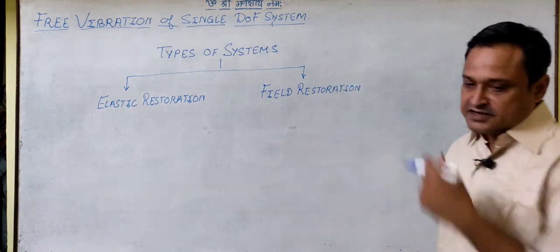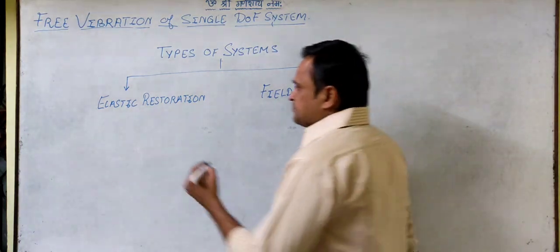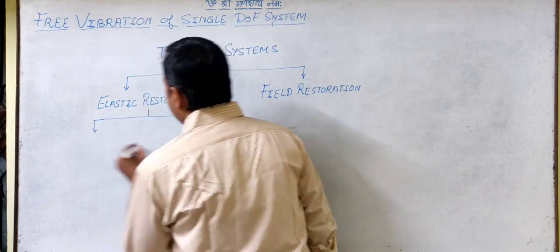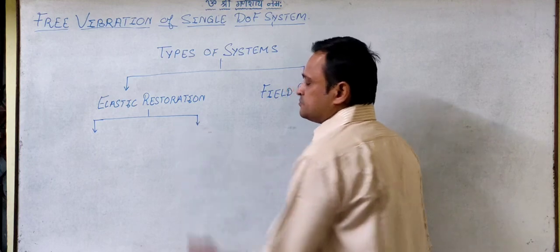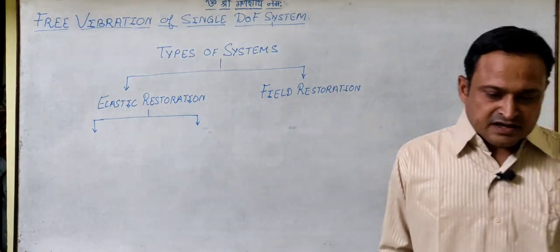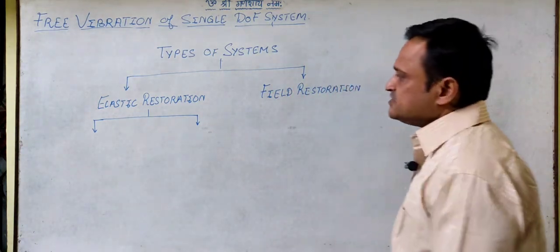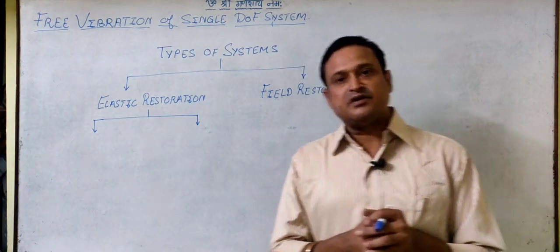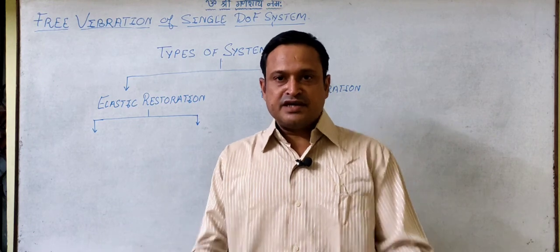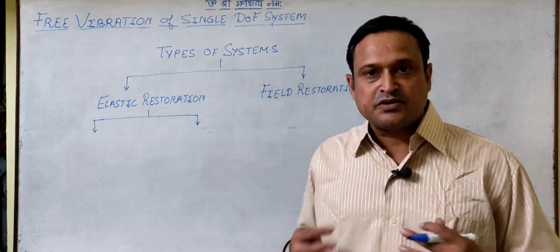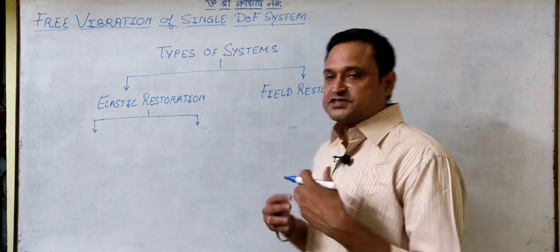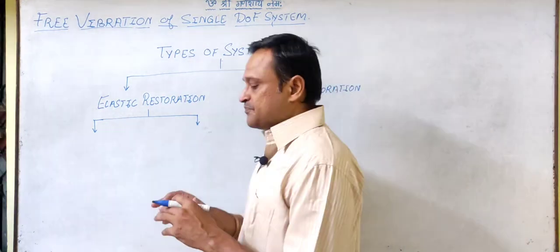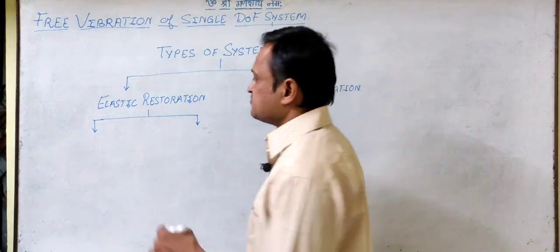In elastic restoration, again we can categorize this into two parts. By elastic restoration, we mean the material property involved in that system, so the elasticity or the rigidity, or the stiffness for that matter, of that system, which is going to influence the equation of motion.